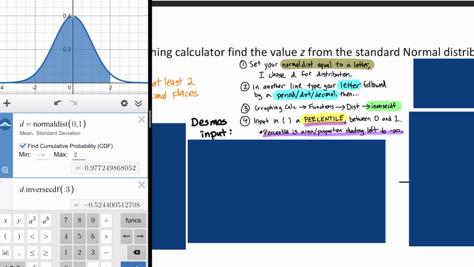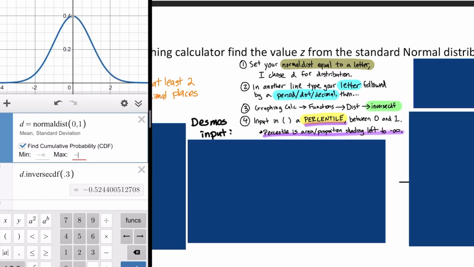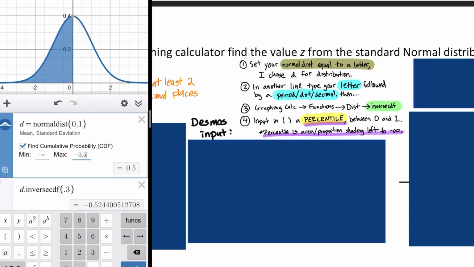So in my maximum, I can type in negative 0.5244, and the more numbers I put in, the closer the output is to that 30th percentile, or that 0.3. Now I'm not needing to do this every time, but just to show you that if I put in from negative infinity all the way up to negative 0.5244, that would return to me 30% of that graph.